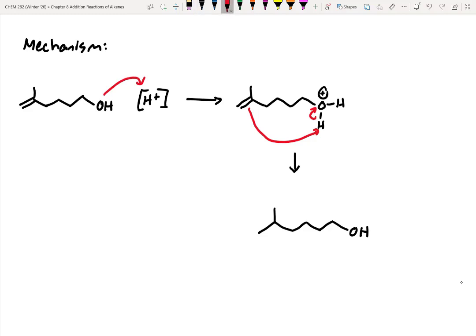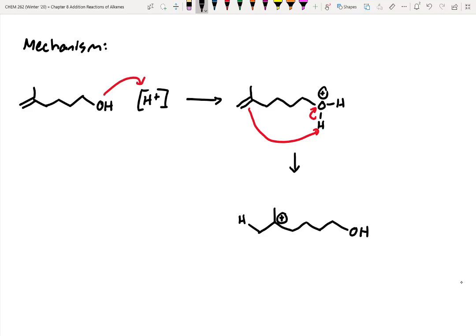Would we have a positive charge where the red thing is, or where the green positive charge is? Which one looks more correct? The red. So we always want to form our more stable carbocation, so I'll put that there.